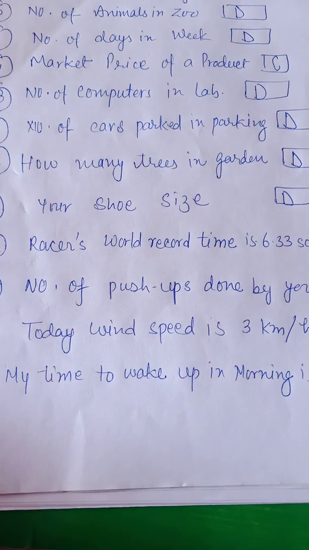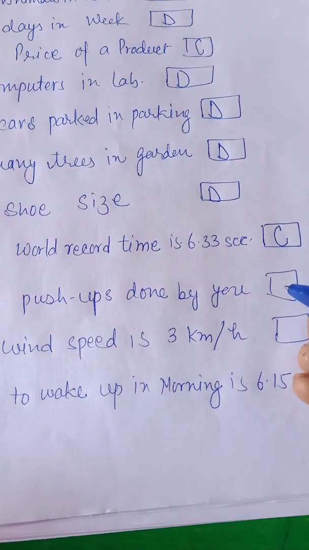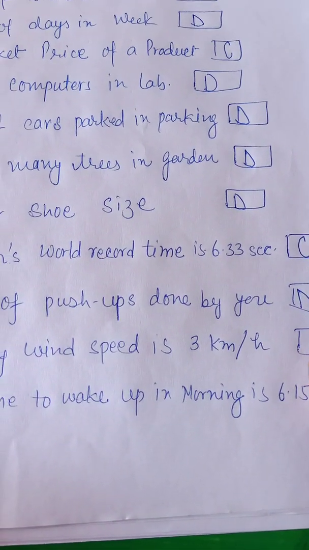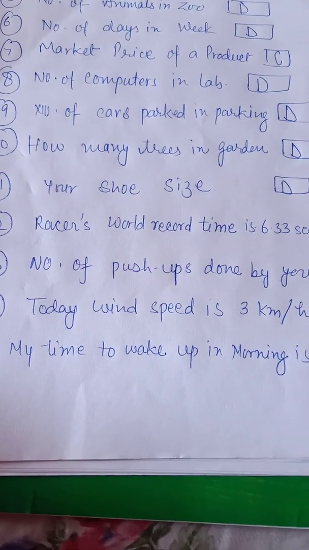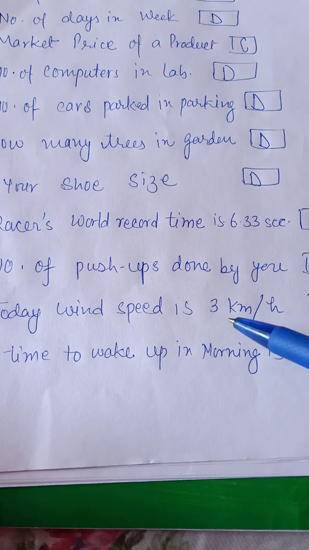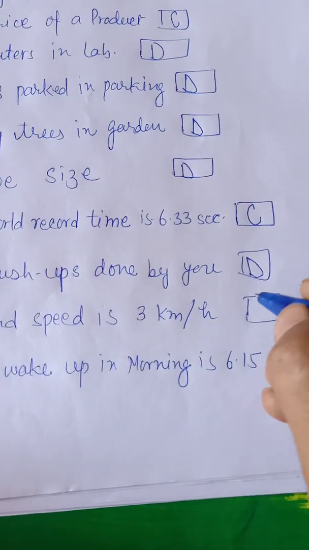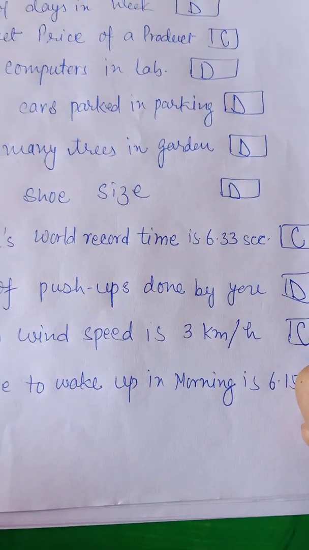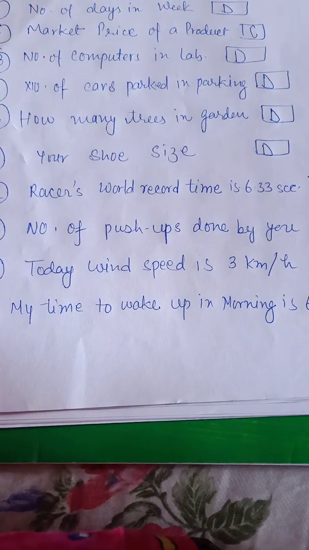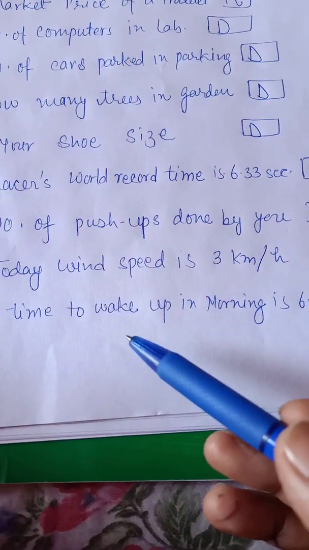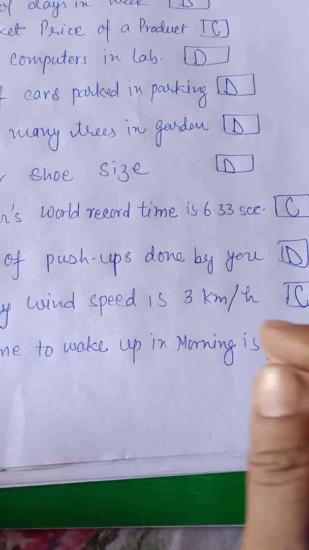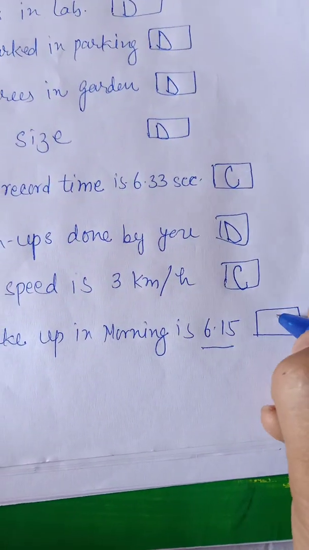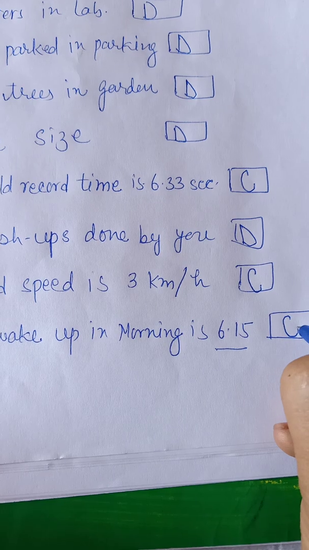Okay. Number of push-ups done by you. Yes, countable, discrete data. If I'm saying that today wind speed is 3 km/h, yes, it is continuous data. And like if somebody's time to wake up in morning is 6:15, okay, so it's an example of continuous data.